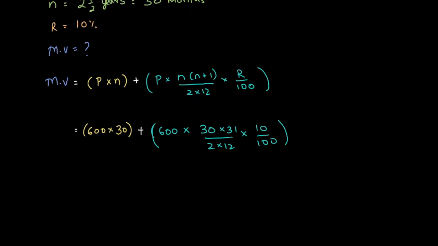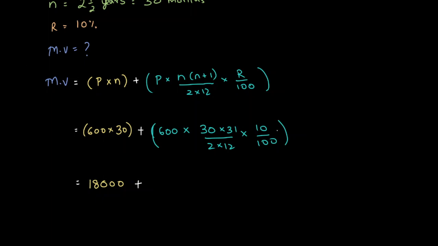Anyways, 600 into 30 is just 18,000. 6 3s are 18 and 3 zeros after that, right? And over here we need to do a little calculation.